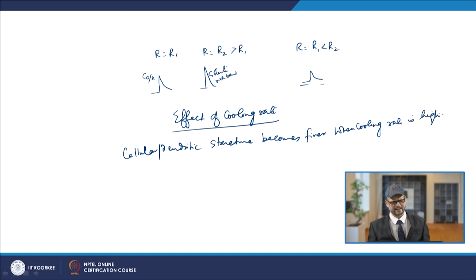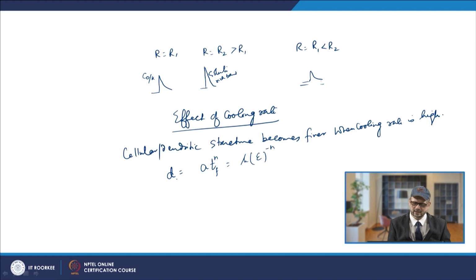Basically, that can be understood by looking at the dendritic arm spacing, and there is an expression for the secondary dendrite arm spacing D. D is calculated as A into TF raised to the power n, or it is also written as B into epsilon raised to the power minus n.